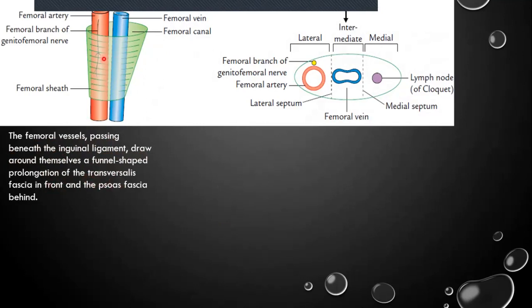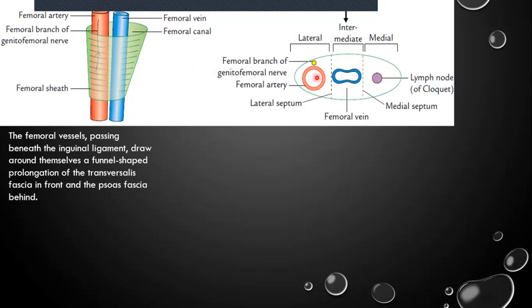So this anterior lamina, if I might call it like that, is a prolongation of the fascia transversalis of the abdomen, and the posterior one is a prolongation of the psoas fascia. So this is the femoral sheath.